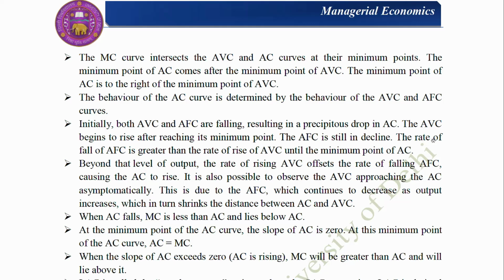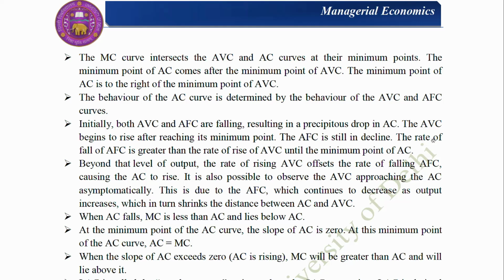The minimum point of average cost comes after the minimum point of average variable cost. The minimum point of average cost is to the right of the minimum point of average variable cost. The behavior of the average cost curve is determined by the behavior of the average variable cost and average fixed cost curves.